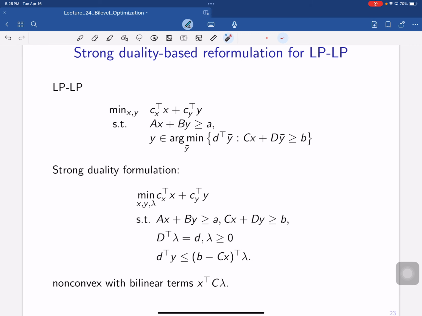There is nothing fancy here. You just take the dual of this LP with respect to the y variables here. Then you get this dual objective. Right? But the thing is that you cannot avoid having some bilinear terms. Here you have this x transpose lambda, some product of the x and lambda variables. We cannot really avoid having some bilinear constraints.